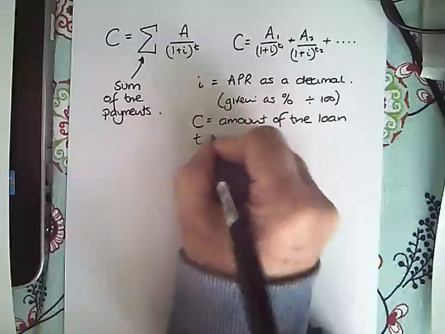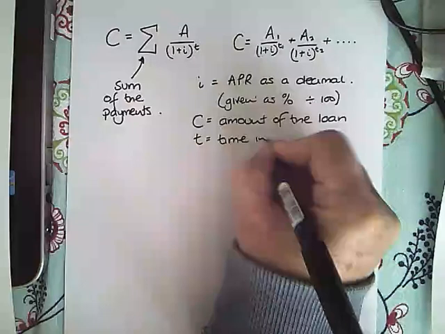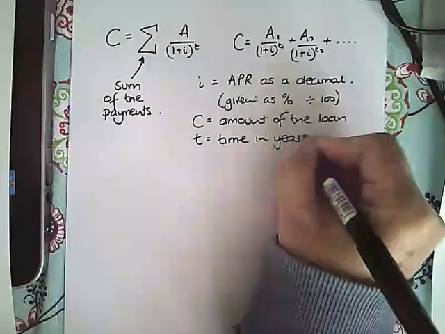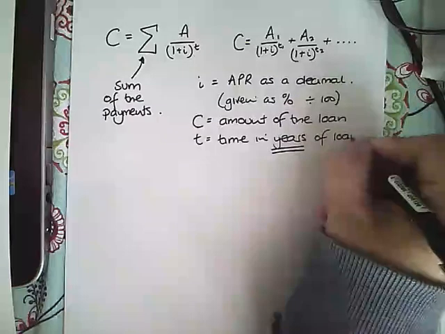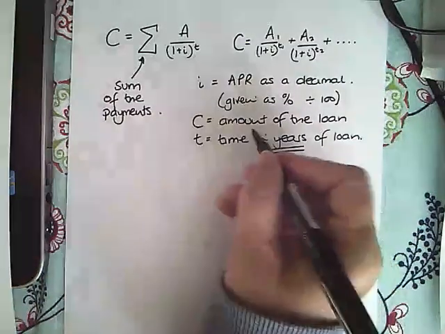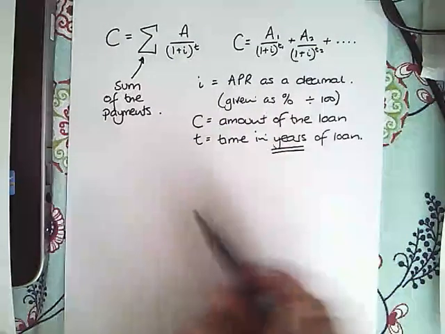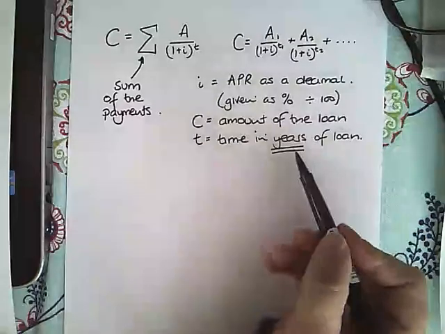T is the time in years. It's very important that it's in years of the loan. So we're going to work in days in a minute, so we're going to do it as a fraction out of 365, and the formula refers to it in years because it's the annual percentage rate.